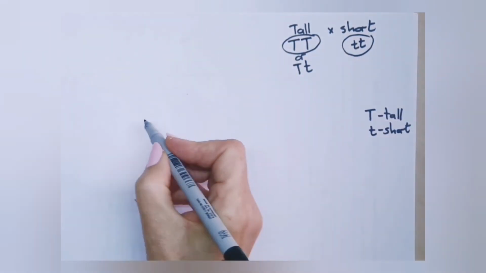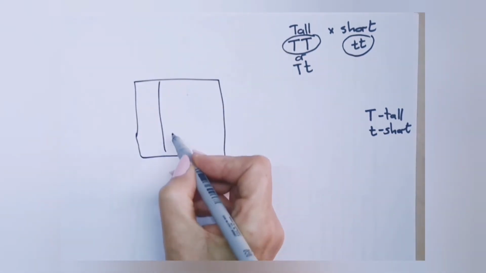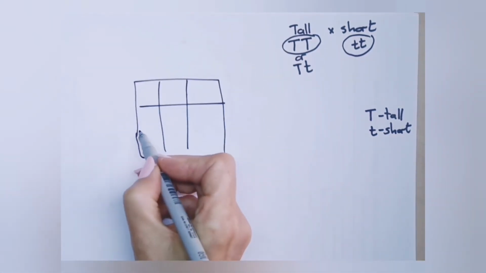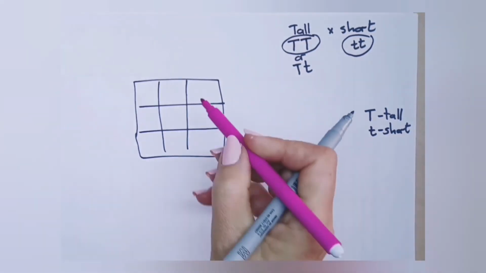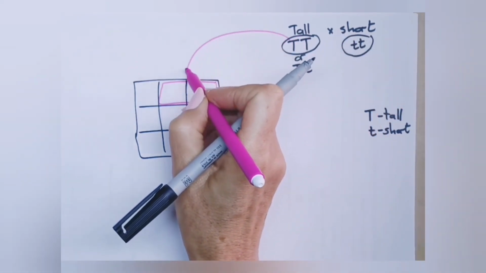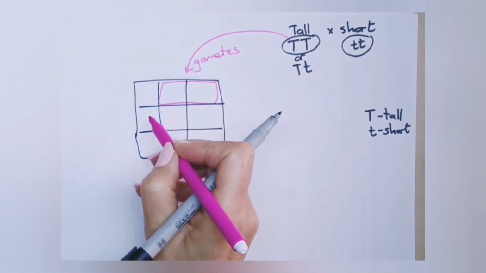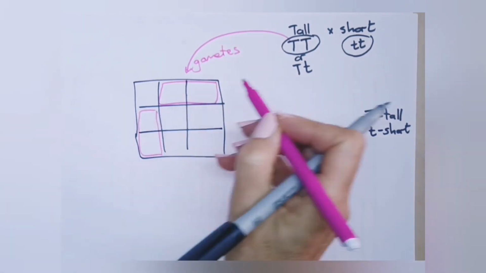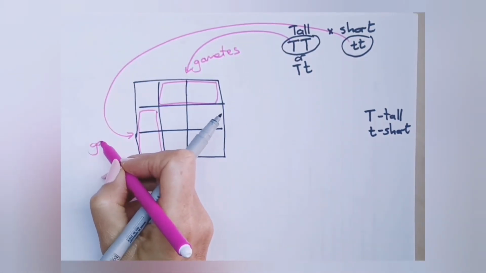So how we do that is by drawing a square and subdividing it into 4 little blockies. And what we do at the top is these 2 blockies over here represent the gametes from one parent, and these 2 blocks would represent the gametes from the other parent.